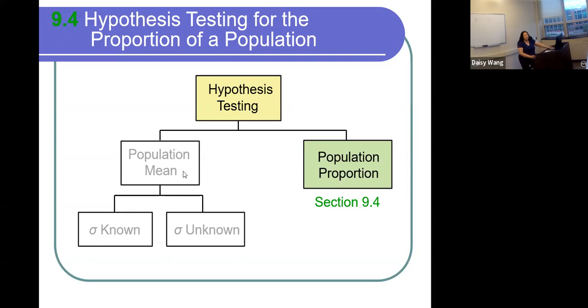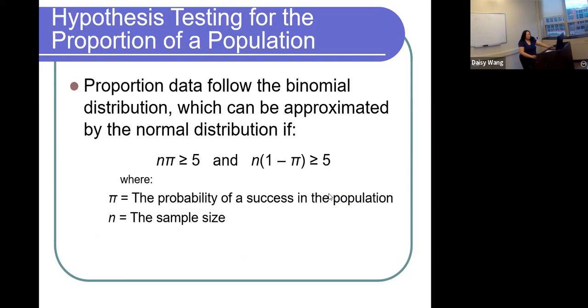We know the population mean and then we know the population deviation. So the last one, proportion. Very similar to the one before. So the n times.